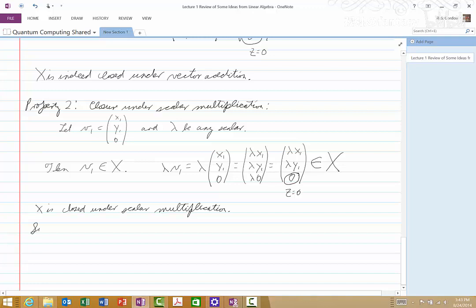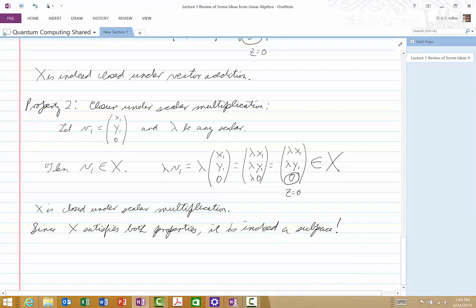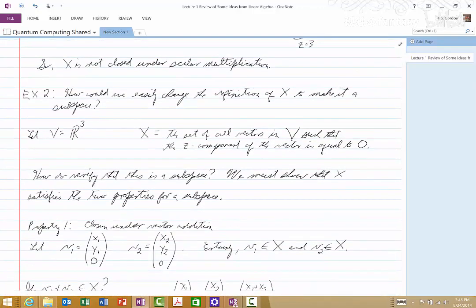And finally, then we conclude, since x satisfies both properties, it is indeed a subspace. Okay, another example very quickly. Let's see, I guess that this would be example 3.